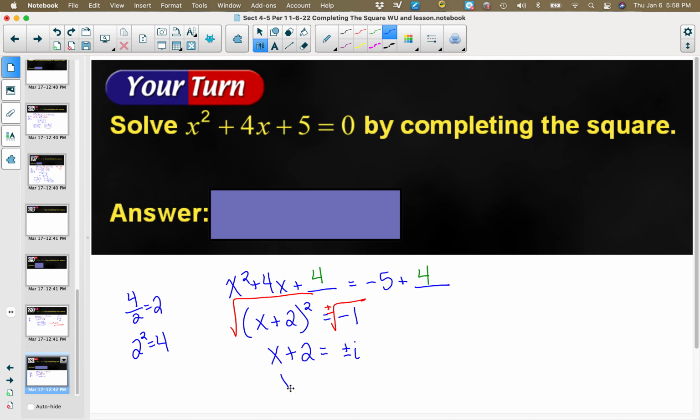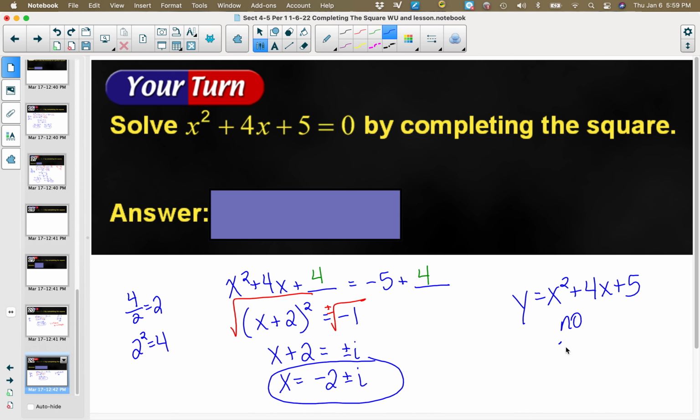Now I subtract 2. I'm going to put it in the front. So I get negative 2 plus or minus i. These are my solutions. And again, if I were to graph the function, you can graph this on your graphing calculator, and you're going to find that it has no x-intercepts. So always keep in mind what the solutions tell you about the graph of the related parabola.